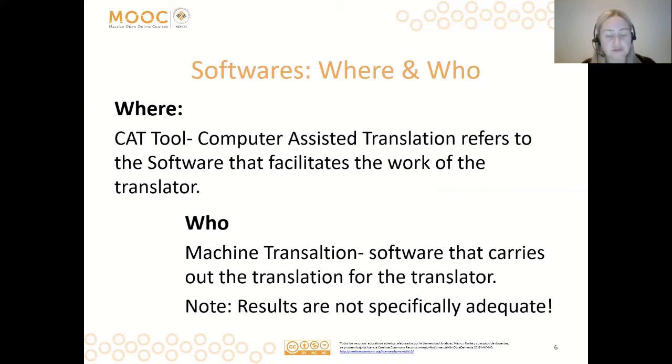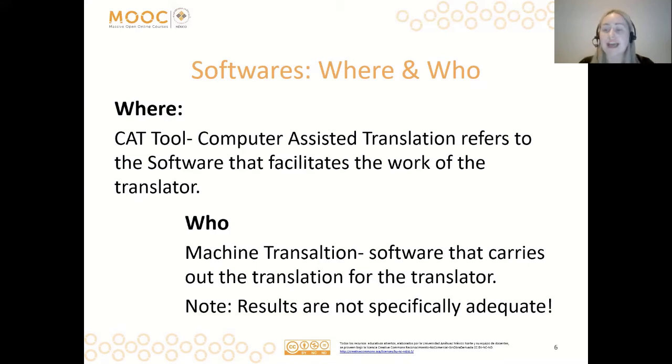They're both softwares, that's correct. However, a CAT tool provides me with a platform to carry out my translation, and it facilitates my work through the incorporation of different tools that will make my job quicker. It can answer the question of where I can translate using technology, whereas machine translation can be considered the who, when we ask who it is that actually carries out the translation when I use technology.